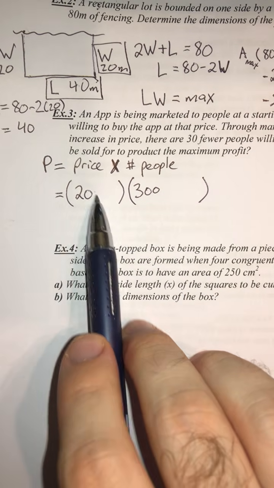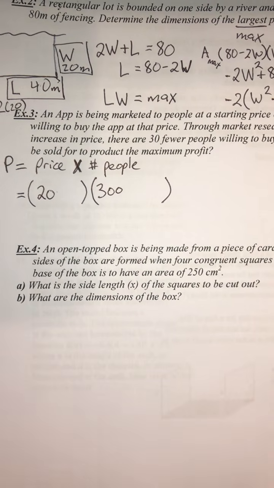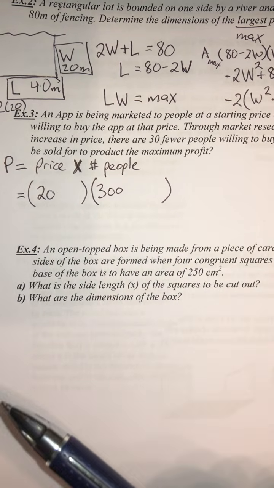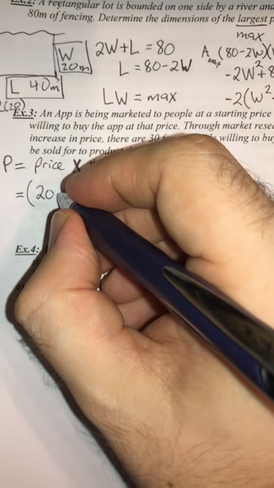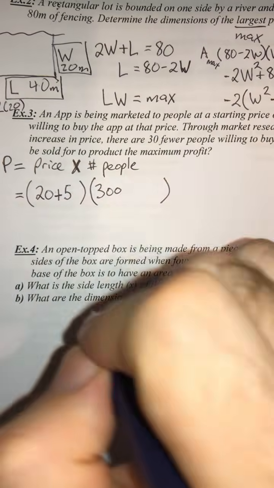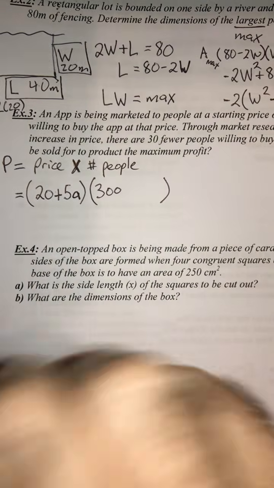So what are we going to do to change the price in this equation? Well, we're told that as we increase by $5, we're going to decrease the number of people by 30. So for every increase in this price by 5, so increase 5 times whatever, let's just pick a variable a.